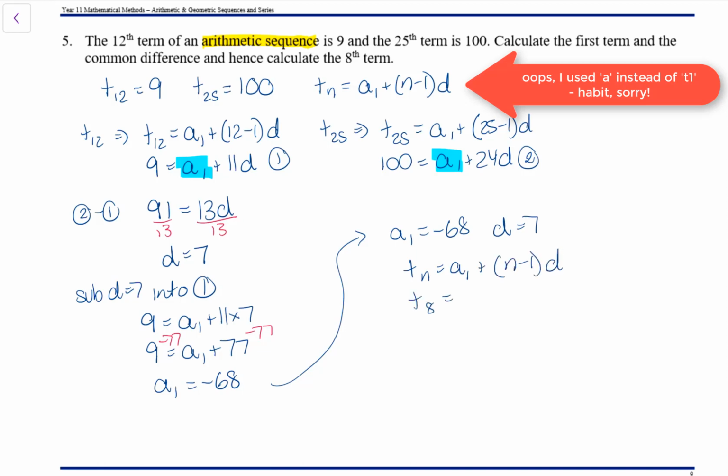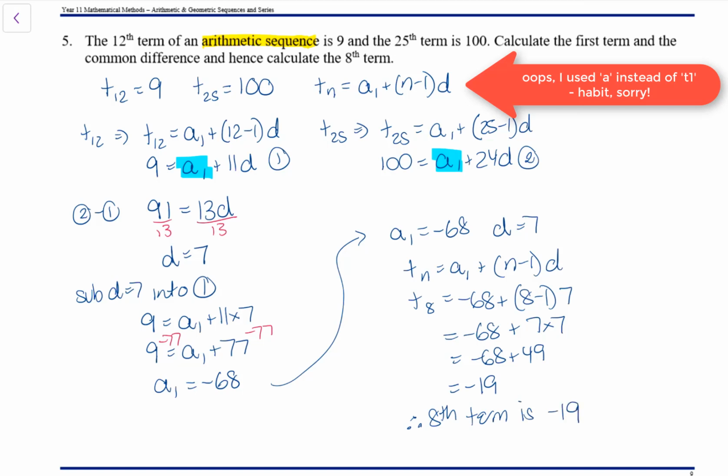T of 8 is going to be negative 68 plus (8 minus 1) times 7. Negative 68 plus 7 times 7. Negative 68 plus 49 equals negative 19. So therefore, the 8th term is negative 19.